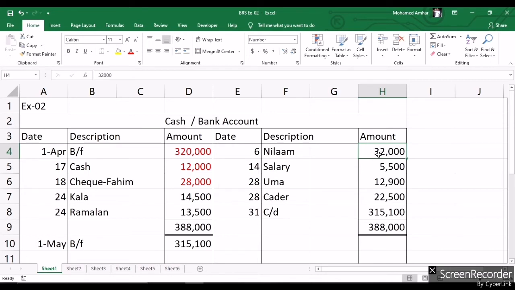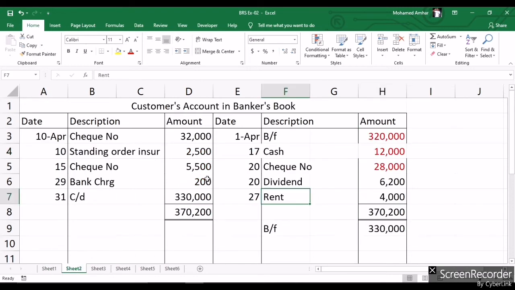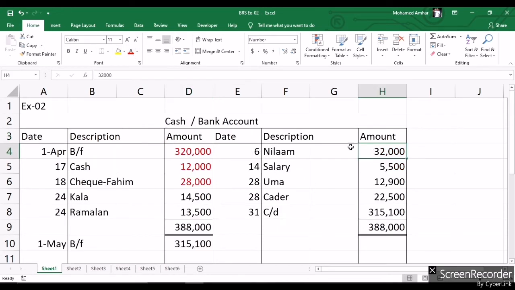Now check whether this 32,000 credited by the organization is debited by the bank. Yes, debited here. Check number and amount 32,000 is debited, so we can tick this. Okay, and here we can tick this.